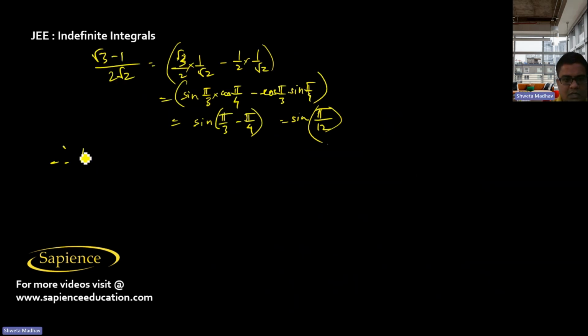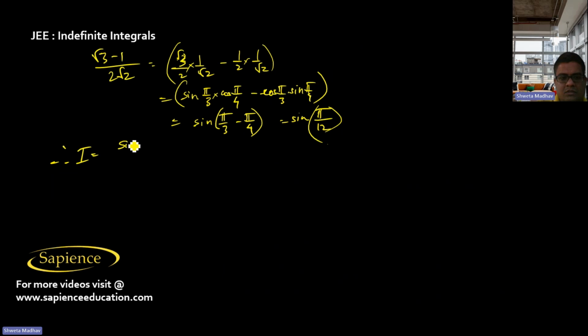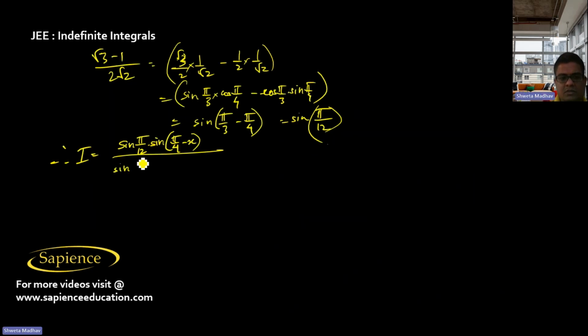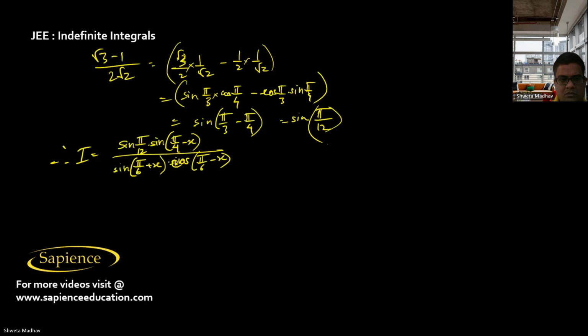So therefore the integral I can be written as sine pi by 12 into sine pi by 4 minus x divided by sine pi by 6 plus x into cos pi by 6 minus x.